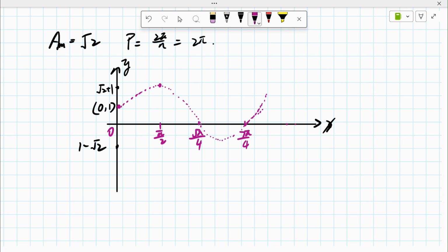So 2 pi will be closest to 7.4, which is 2 pi. So that will be your graph if you connect it like that. Your middle line will start from 0, 1 like that. Hopefully you understand this part.